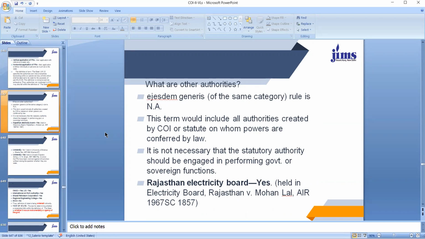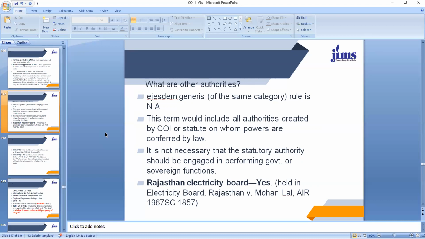If I may ask you a question, whether Rajasthan Electricity Board is a state or not. Suppose Rajasthan Electricity Board is not following the directive principles of state policy, or is violating your fundamental rights. Are they liable as a state? Yes, it was held in Electricity Board Rajasthan versus Mohanlal by the Supreme Court that Rajasthan Electricity Board is a state.